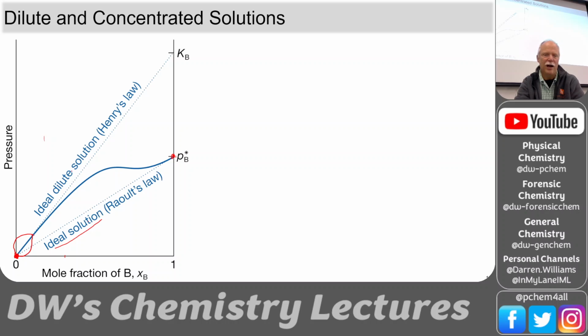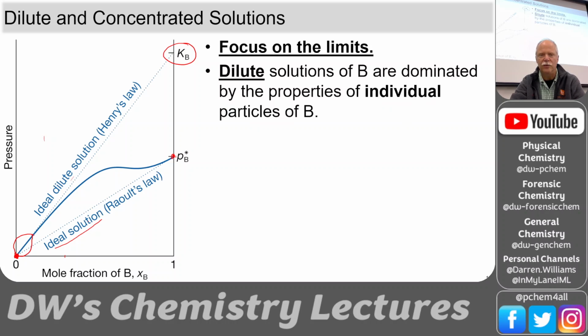It's just applying a linear equation to this really dilute region here, and then extrapolating it all the way across to the Henry's law constant. So that's the Henry's law constant. And you see, it's really kind of a stand-in for PB. So focus on the limits.